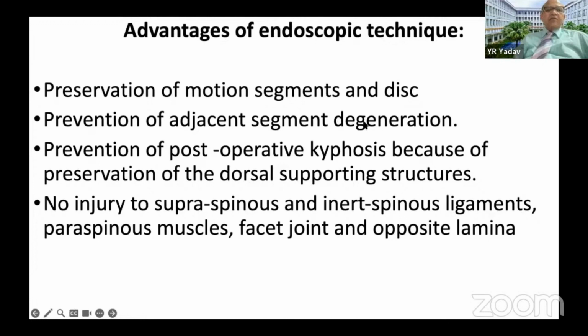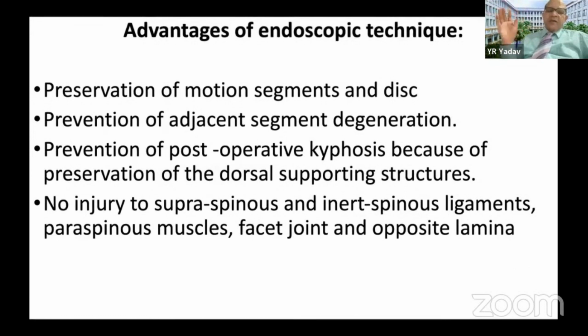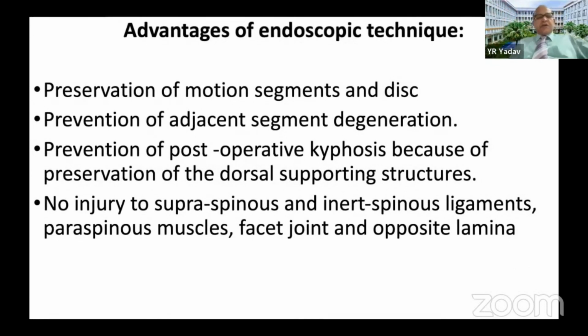There is a prevention of post-operative kyphosis because when you go for posterior approach in a long term, there may be post-operative kyphosis. And this is because of the destruction of posterior supporting structures. So those are the ligament, the supraspinous ligament, interspinous ligament, and the muscles attached to the spinous process or the various part of the spine.